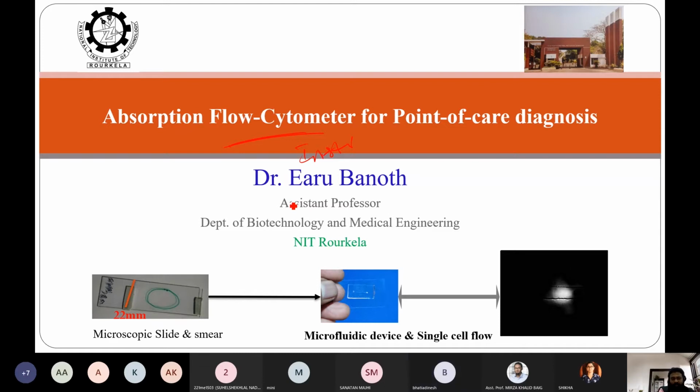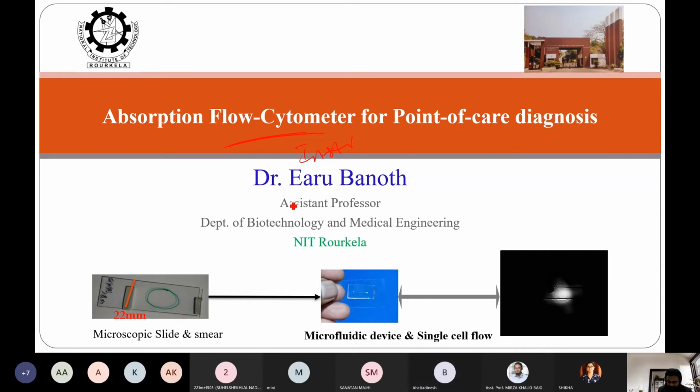That's the reason we call it absorption flow cytometry, so that we can use different biological samples which respond based on the change of their absorption. Like that, we can use it for various different applications. That is the idea behind the field we have introduced.